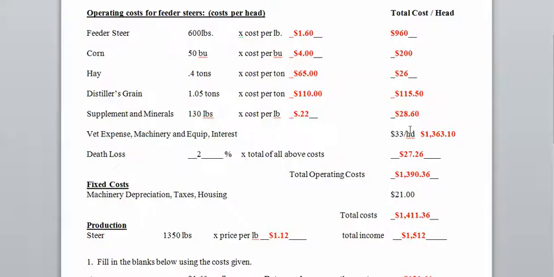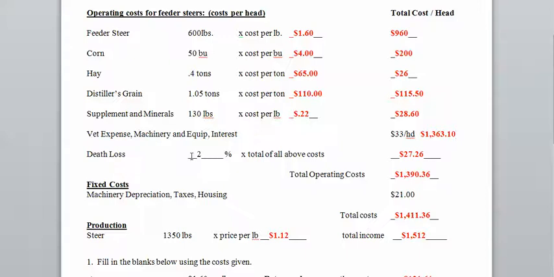Okay, so we can come up with a subtotal of all cost to this point of $1,363.10. Why is that important? Well, we do have a cost that's really hard to estimate, and that's death loss. If two steers out of every 100 steers that we raise die, that'd be a 2% death loss. Obviously it costs us money when those animals die, and we have to spread that cost over the remaining live animals.